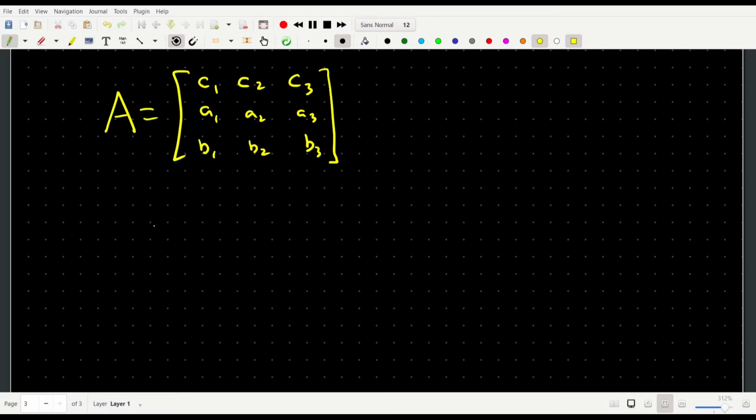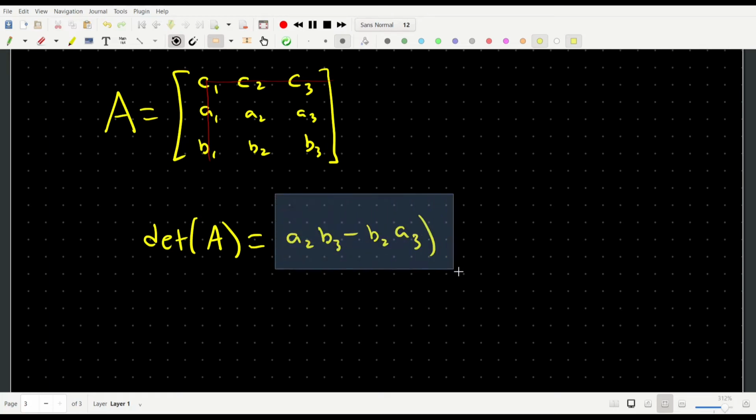We have that the determinant of this matrix A can be computed by, say, for the first term, crossing off the first row and the first column of this matrix and doing a determinant of this smaller matrix, which is A2B3 minus B2A3. This has to be multiplied by C1.